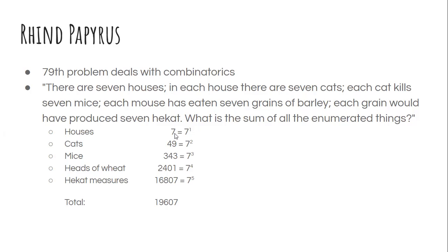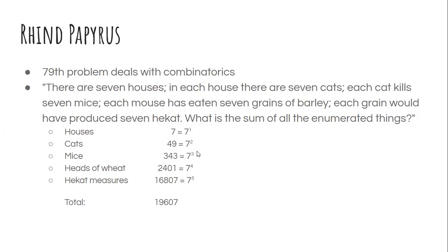Each house has 7 cats, so 7 times 7, you get 49. Then each cat kills 7 mice, and each mouse has 7 grains of barley or wheat, and each grain would have produced 7 hekat. So we go down the line like that.